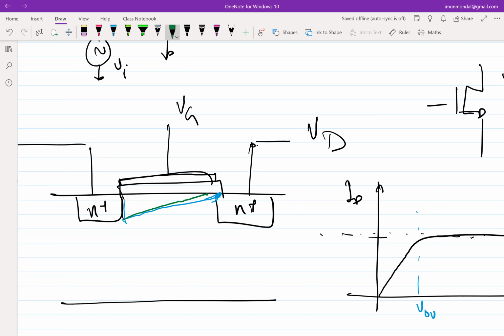It's not appreciable, but it's not zero either, which means there is a new length of the channel. This was the original L. The new length of the channel got reduced by some value delta L.